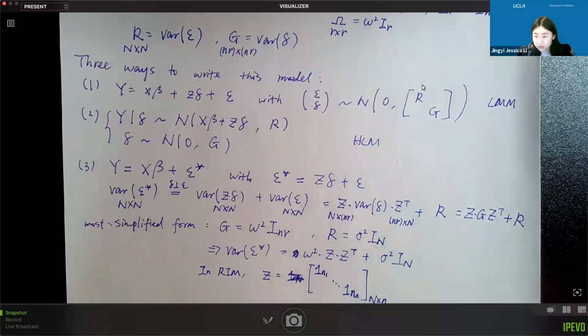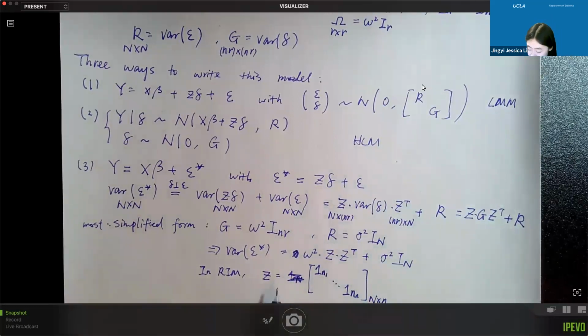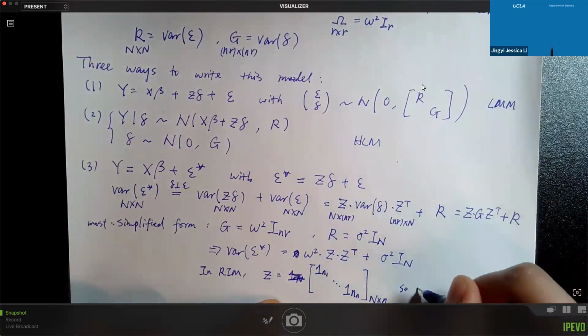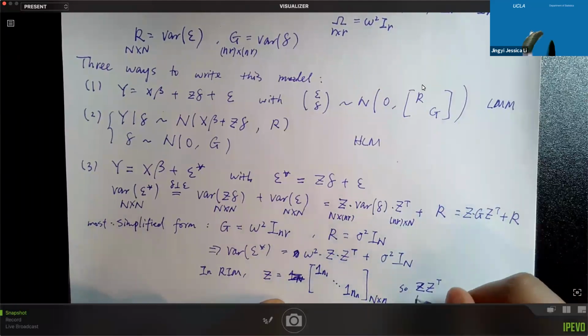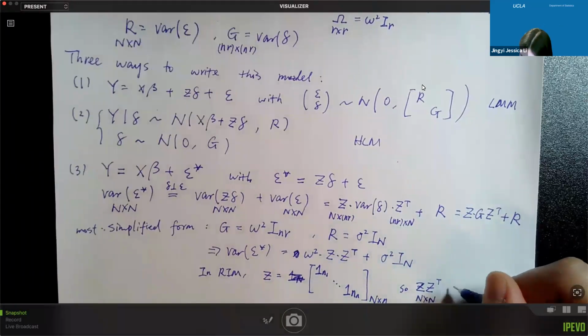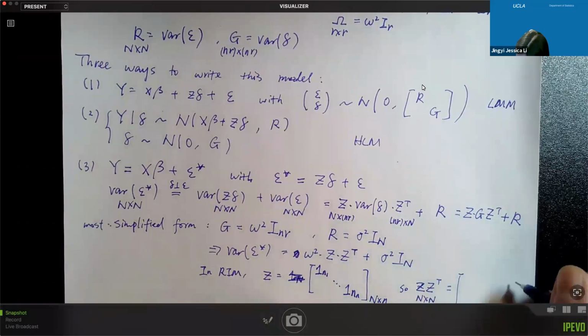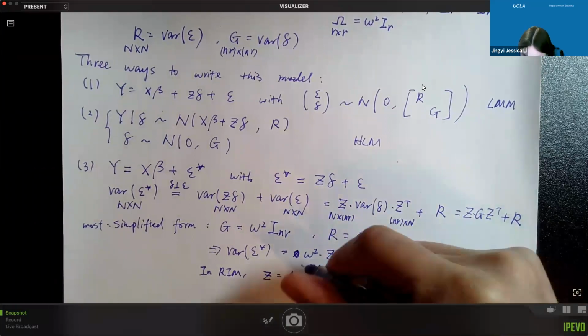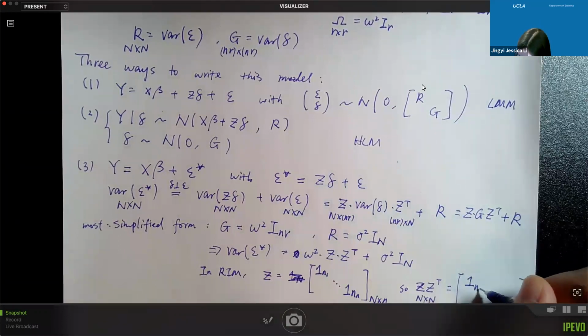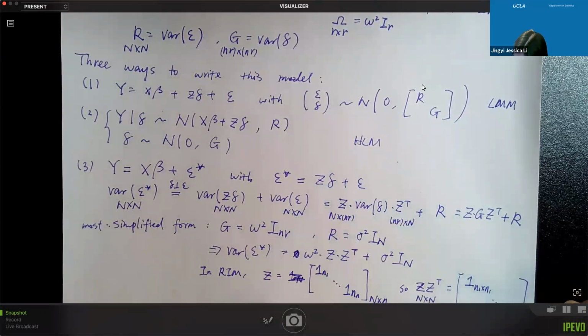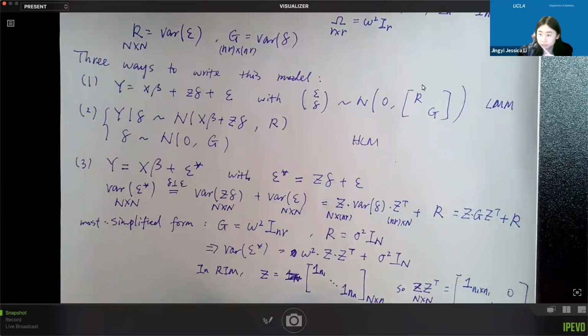That's Z. So what would happen if I have Z times Z transpose? This gives me a capital N by capital N matrix. It's a matrix of all ones in a block with N1 by N1 dimension, all ones in a block with N2 by N2 dimension, and 0 elsewhere.